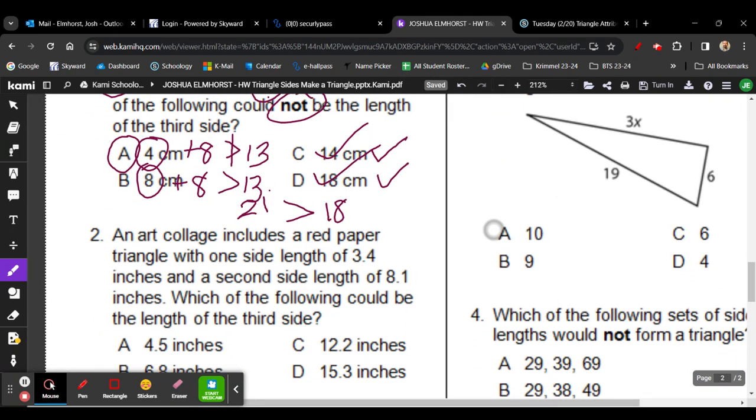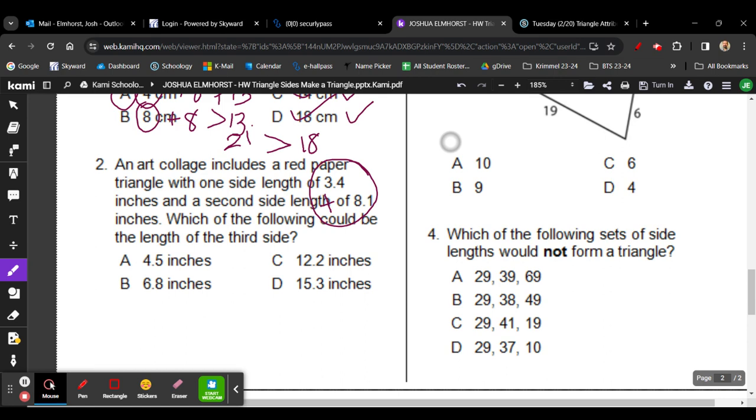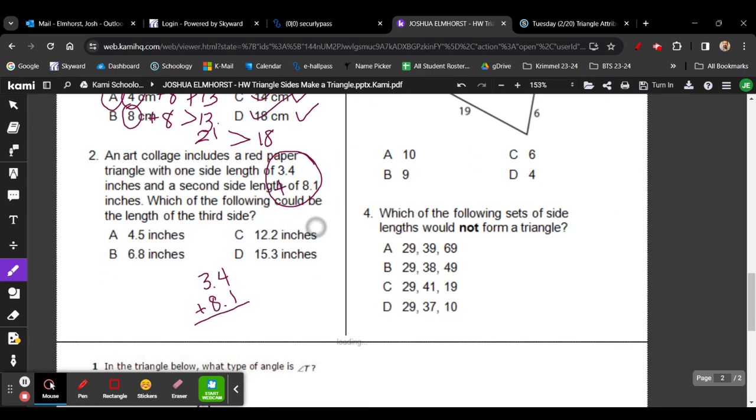Same thing here. Add these two together to see which two answers you can eliminate to start. So you have 3.4 plus 8.1. Line up your decimals. So what is the total length of these two side lengths? 11.5. Okay.